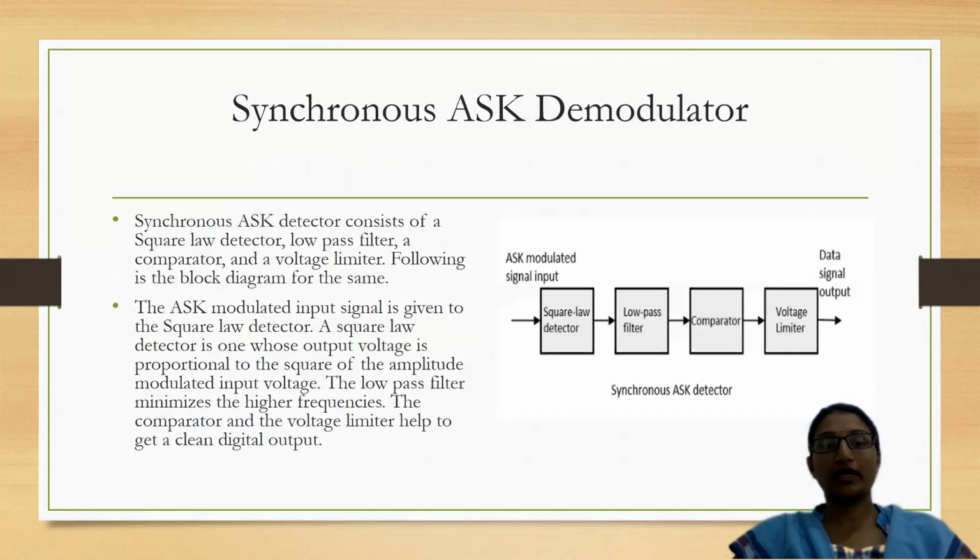The square law detector always gives the square of the amplitude modulated input voltage, and the low pass filter minimizes the higher frequencies as we have discussed. The comparator and voltage limiter help give a clean digital output based on conditions like the threshold value.